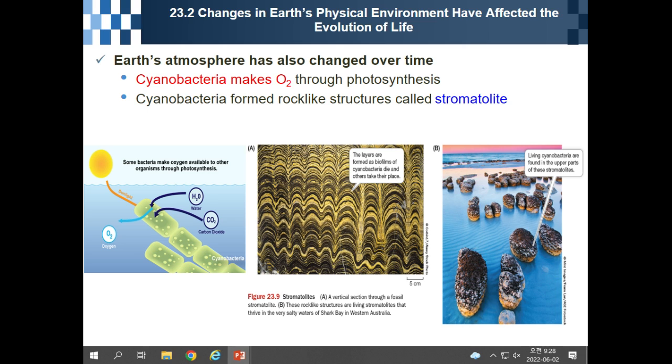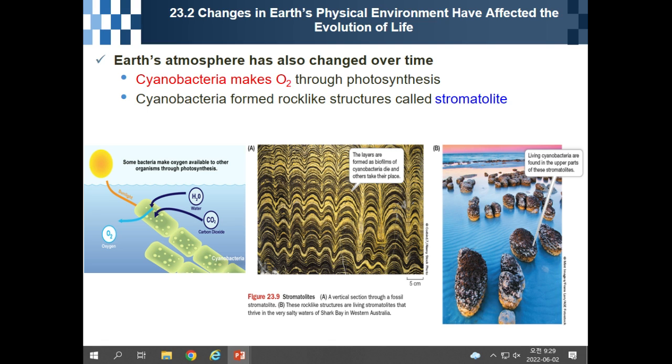So this is the stromatolite. This is rock, and this is the layer. Each layer is composed of lots of cyanobacteria. After that, the cyanobacteria died, and another generation of cyanobacteria grew on top. They died, and another grew, like this.